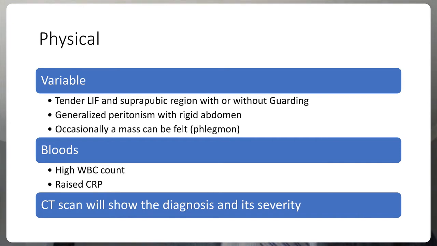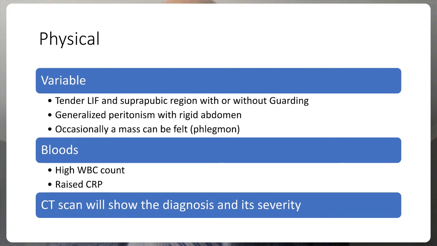We take their bloods, and as expected, they have high white cell count and high CRP of variable degree. And then the basic bloods will also need to be done, and that will include urea, electrolytes, their coagulation, and also test their urine to ensure they don't have a urinary tract infection as a cause of the pain.